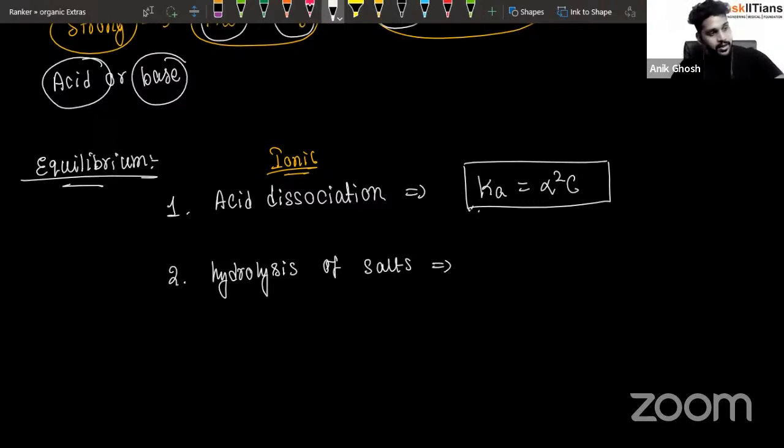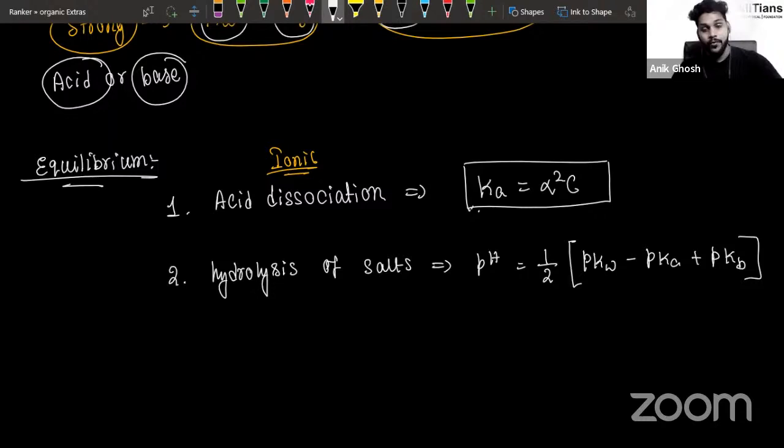So as you can see, the pH formulas you remember, for let's say weak acid strong base, strong acid weak base, weak acid weak base, those questions. So that half of pKw plus pKa minus pKb. What is this for? Weak acid, weak base.